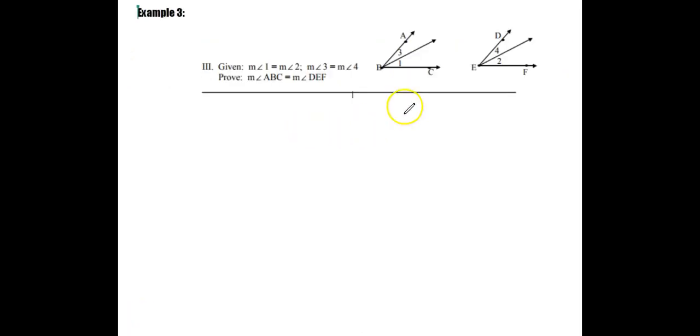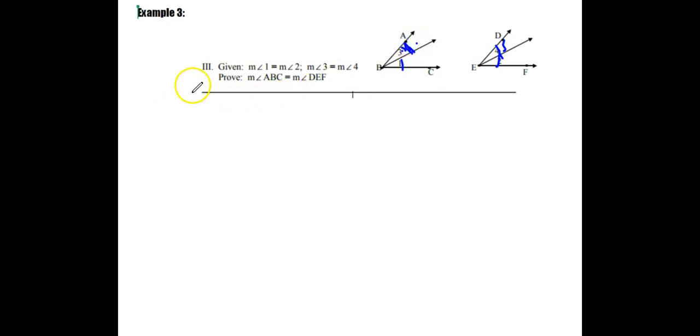Last example here. I want to prove, given that measure of angle 1 equals measure of angle 2, and measure angle 3 equals measure of angle 4. I'm going to mark these in our drawing. I've got 1 and 2 having equal measures, and 3 and 4 having equal measures. Remember, 2 hash marks is different than 1 hash mark.